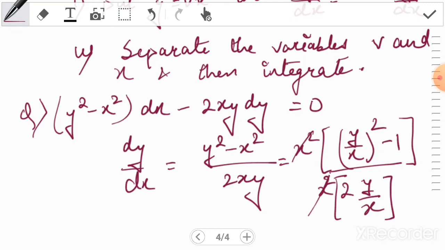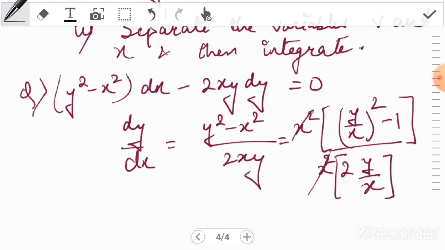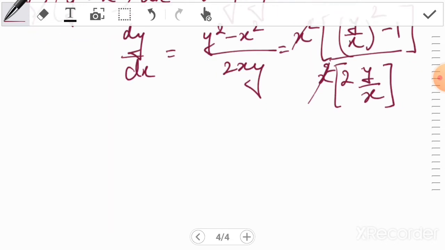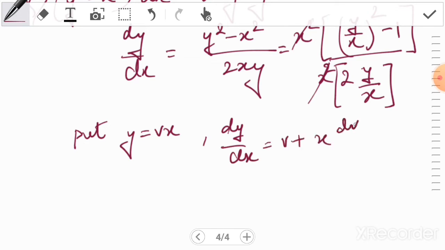Okay. So this is a homogeneous function in x and y of degree 1, right? So now put y is equal to vx, then dy by dx is equal to v plus x dv by dx.